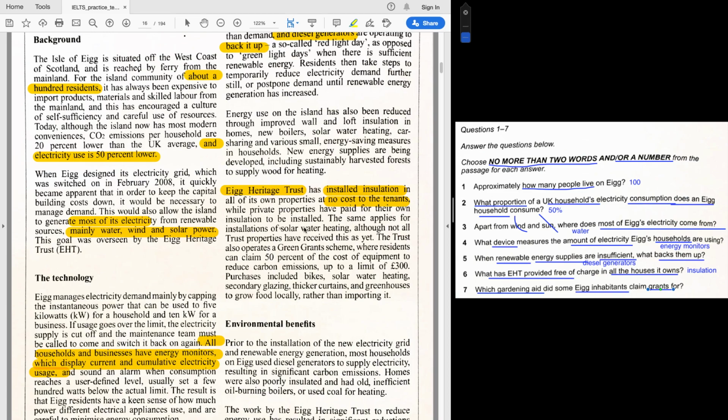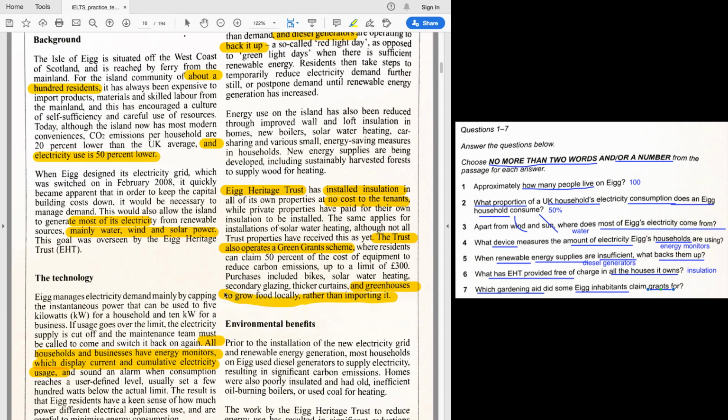Grant is the keyword. Residents claim 50% equipment. Purchases included bikes, solar water heating, secondary glazing, thicker curtains, and greenhouses to grow food locally.